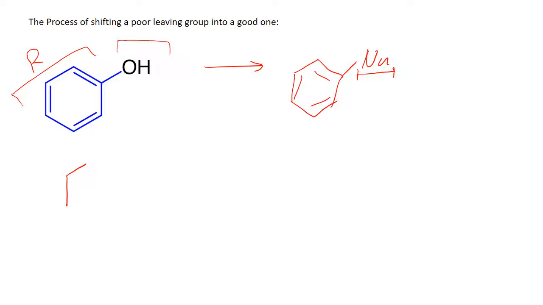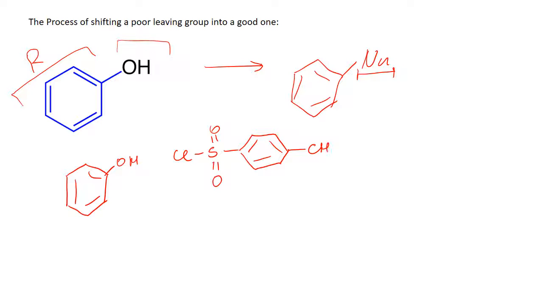So let's go step by step and see what's happening here. We have the molecule, and we reacted it with tosyl chloride, right? What's happening here? The first step is that we have the electrons here on the oxygen, and we have this attack right here.